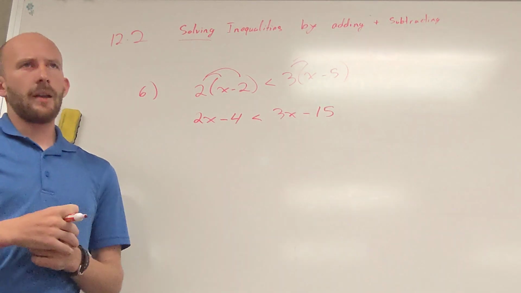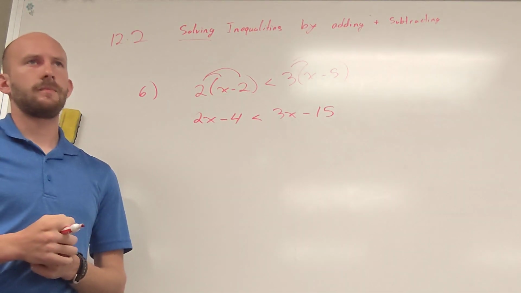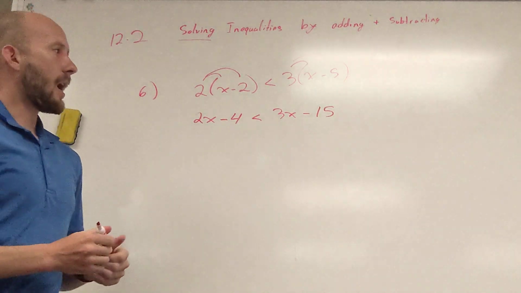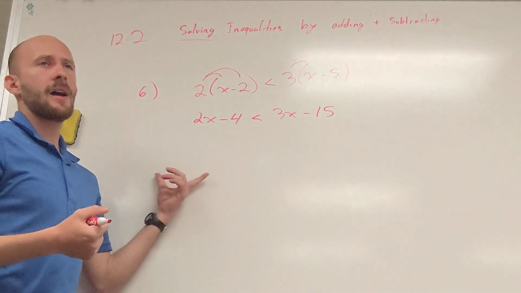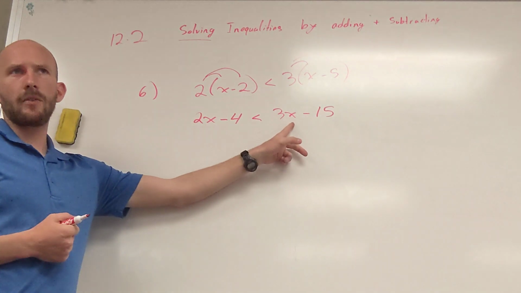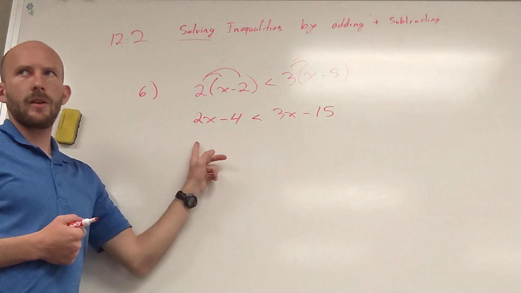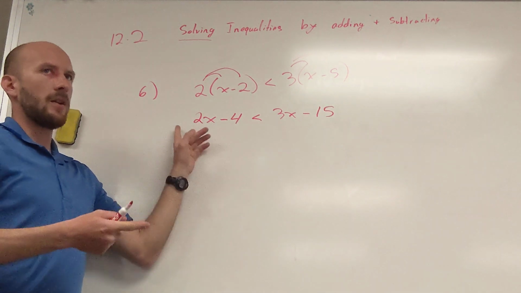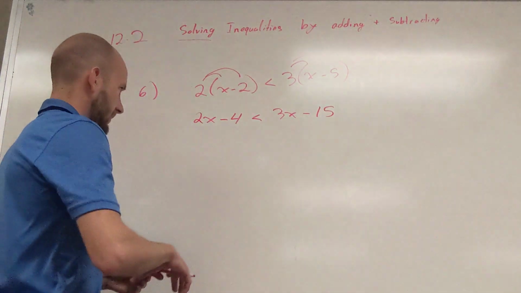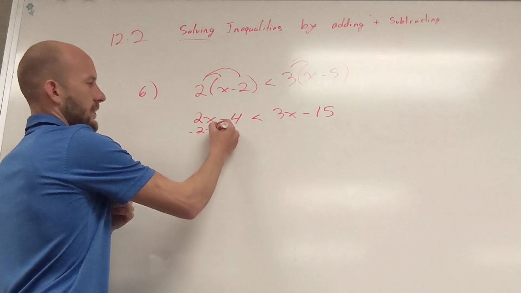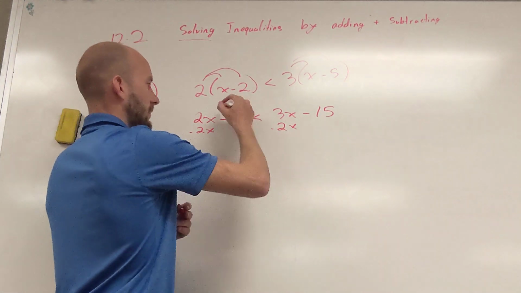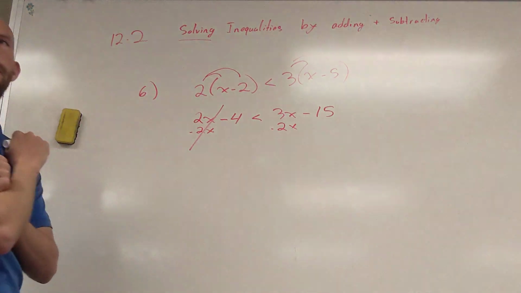Okay. And then what do I need to do? You subtract the smaller. Yeah, I need to get the variables on the same side. Now notice if I tried to subtract 3 from 2, I would get a -1, right? Subtract the smaller number. So I would subtract the 2. That'll cancel it out.